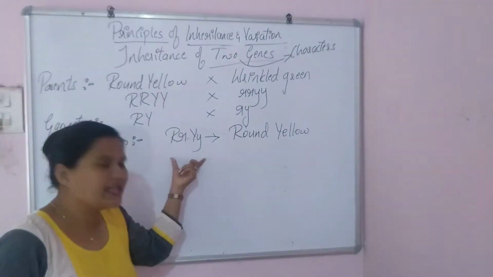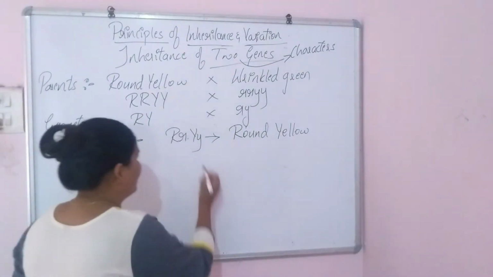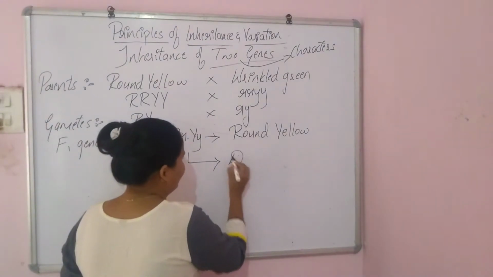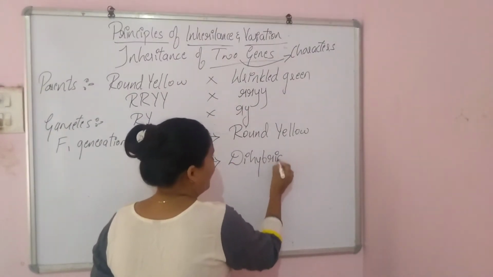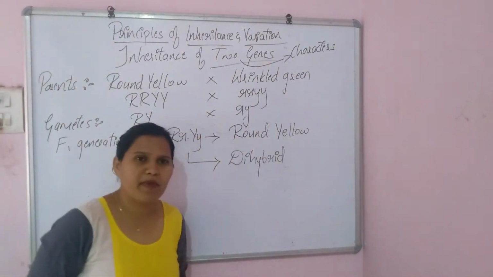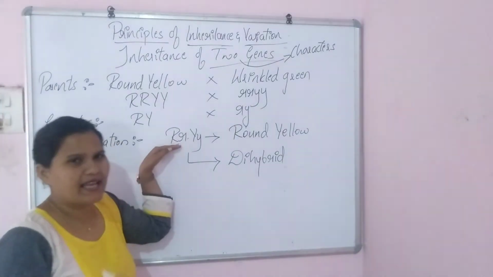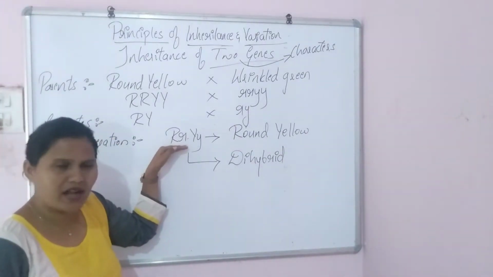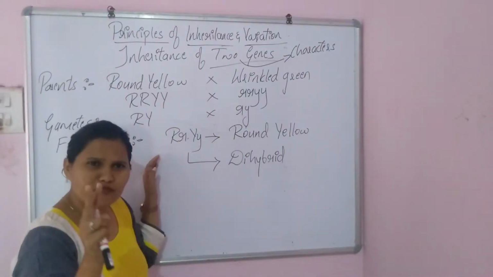So this is also called the dihybrid. Why is it called the dihybrid? Okay, listen here. For a single character, this round is a single character, but here there is a presence of two alleles.